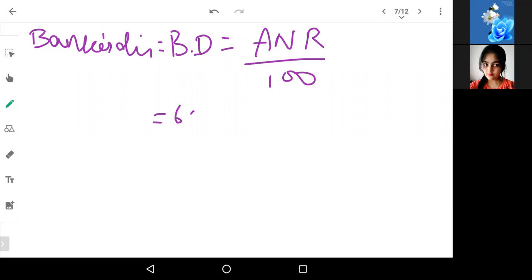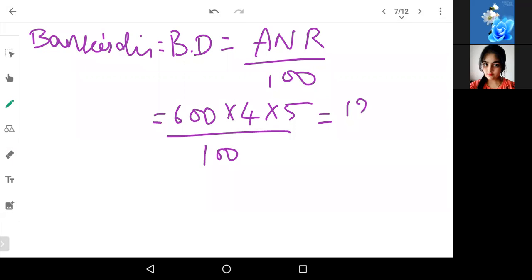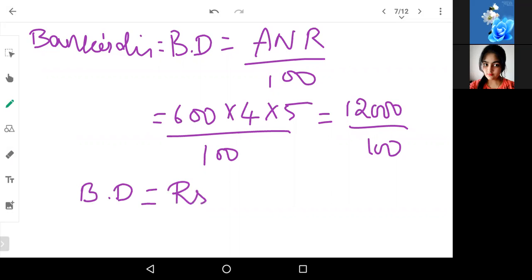So 600 into 4 into 5 by 100. So 12,000 by 100. So your banker's discount is rupees 120. Very good. Is it clear? True discount, banker's discount. Good.